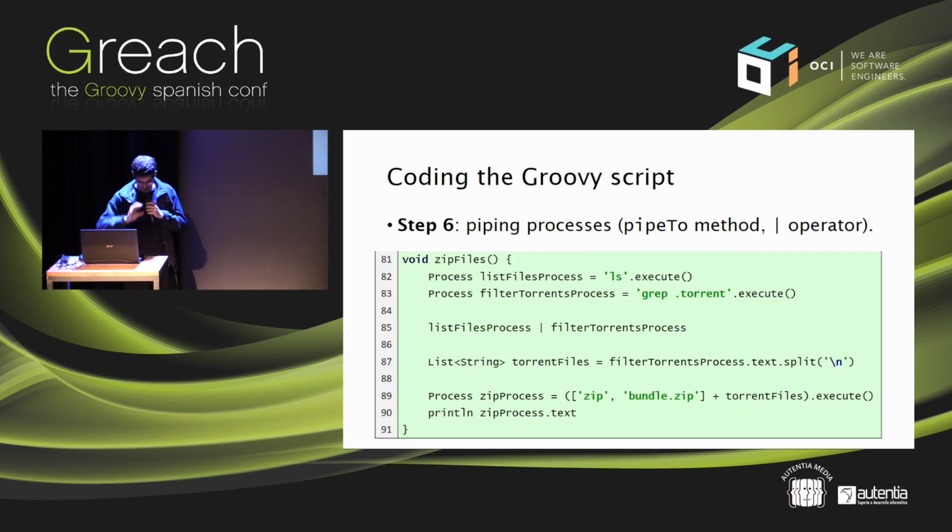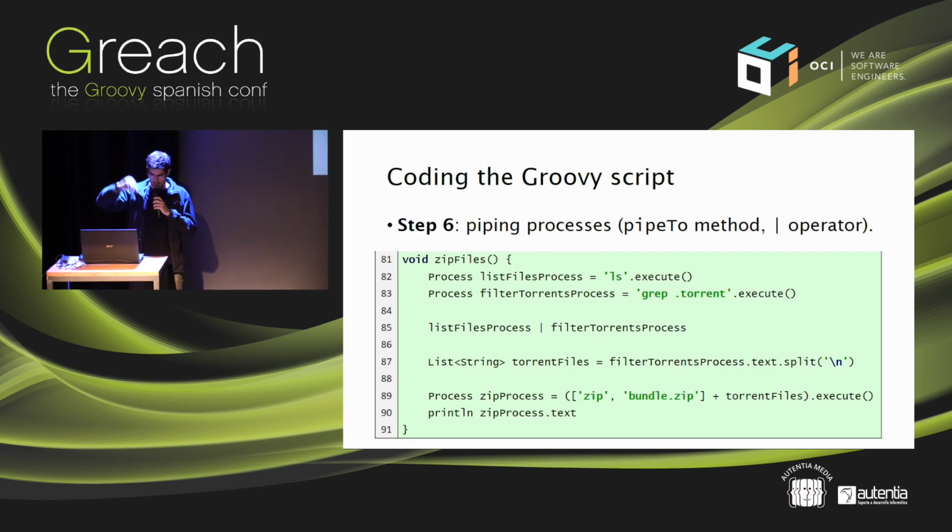Another interesting thing is that we can also pipe processes. In this case, we are taking all the torrent files, and in order to do that, we pipe the output of the ls utility to the grep filter in order to extract all the torrent files in the directory which have been downloaded to our machine.